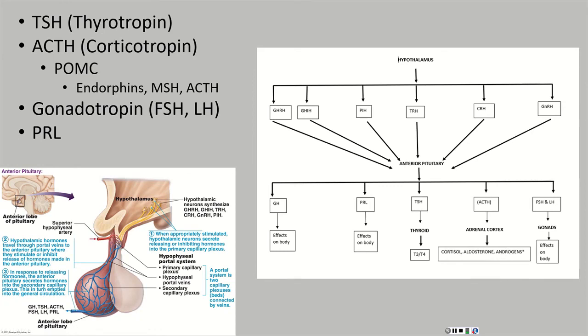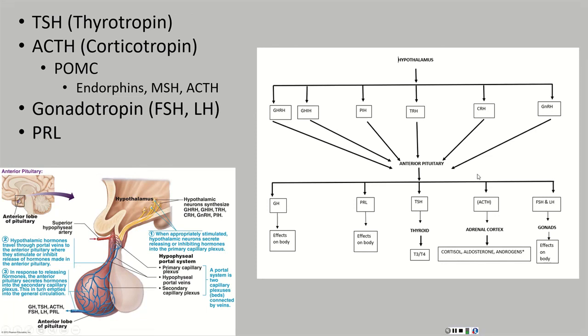Now, the stimulus for ACTH is CRH, corticotropin releasing hormone, but also fever, hypoglycemia, and stress. Well, the fever, hypoglycemia, and stress release CRH, and then CRH releases ACTH. It is inhibited by negative feedback of cortisol.